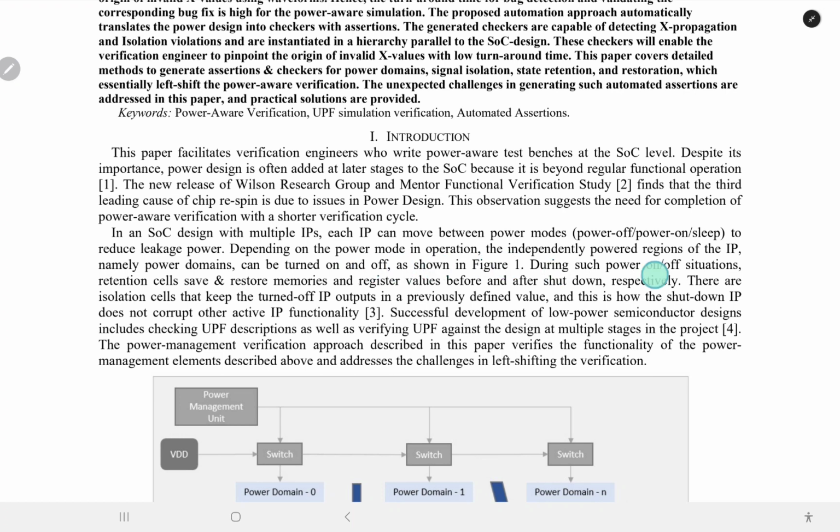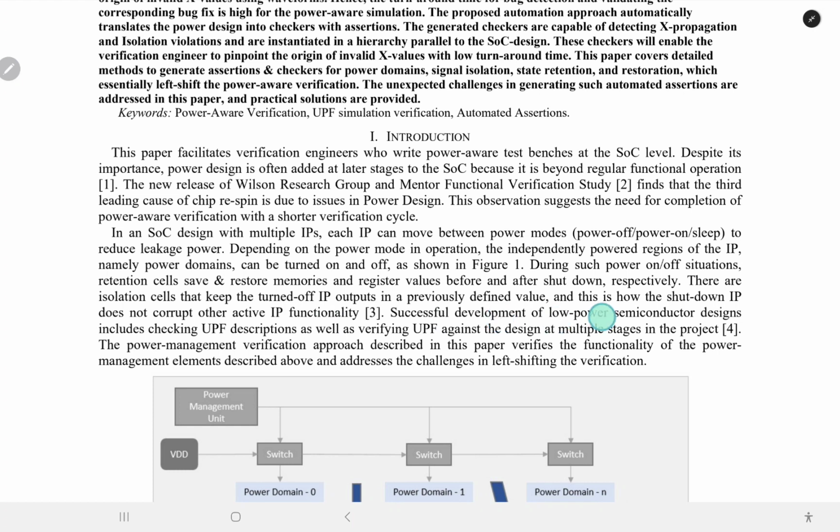During such power on-off situations, retention cells save and restore memory and register values before and after shutdown respectively. There are isolation cells that keep the outputs of the IP at previously defined values. This is how the shutdown IP does not corrupt the other active IP functionality.